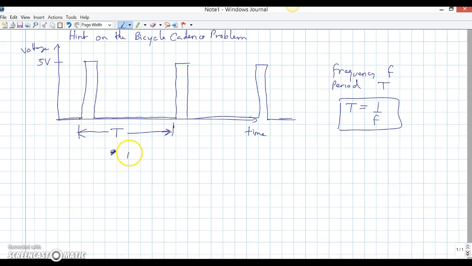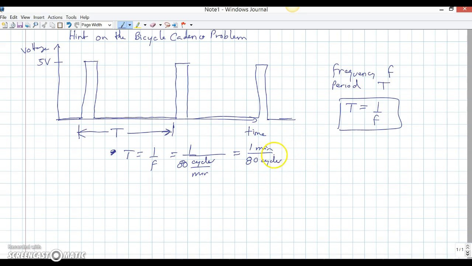We know that period is 1 over F. So for a frequency of 80 cycles per minute, we'd have 1 over 80 cycles per minute. Minutes in the denominator of the denominator is the same as in the numerator, so this would be 1 minute per 80 cycles.